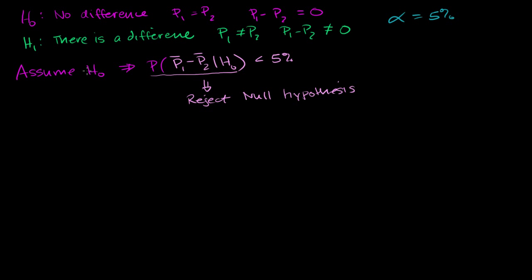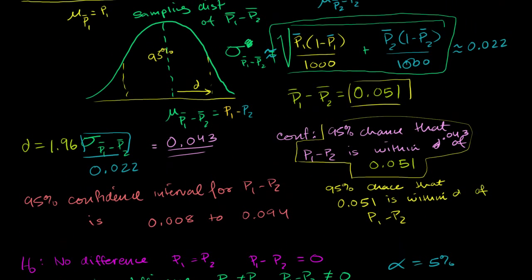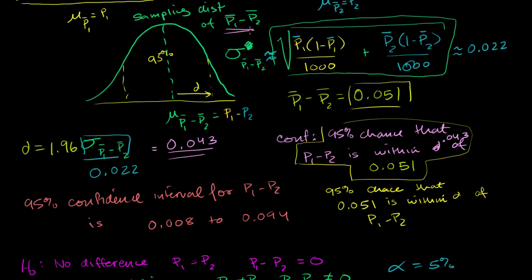So if we assume the null hypothesis, what does the sampling distribution of this statistic start to look like? Well, the mean, if we assume that the true population proportions are actually the same between men and women, if P1 and P2 are actually the same, then this right here is going to be 0.